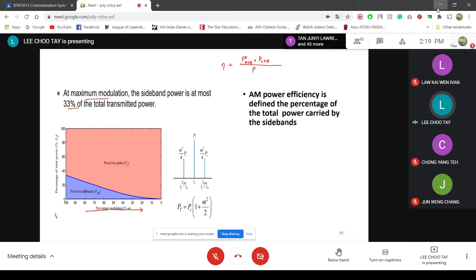But if you want to send the upper sideband, then you design a bandpass filter. In this kind of process, you definitely need a bandpass filter. Your sideband filter basically has to be a bandpass filter.